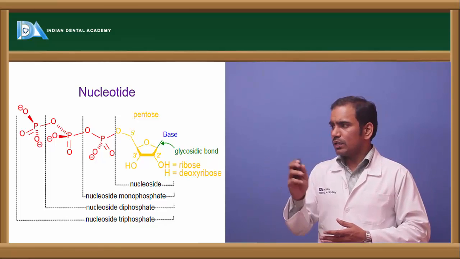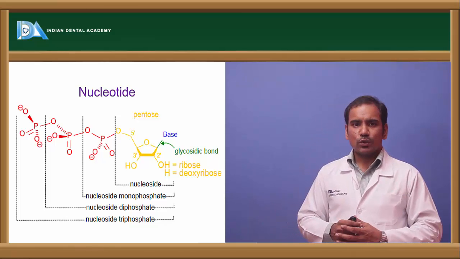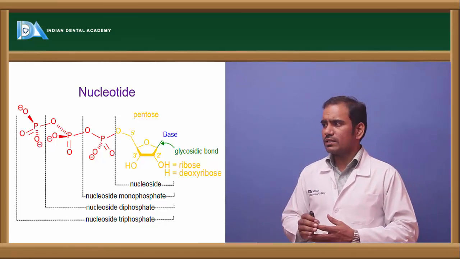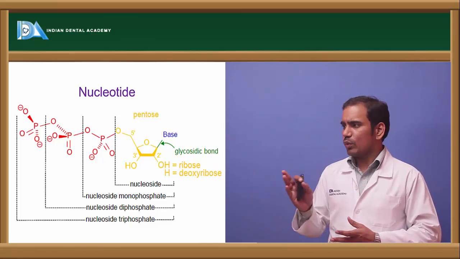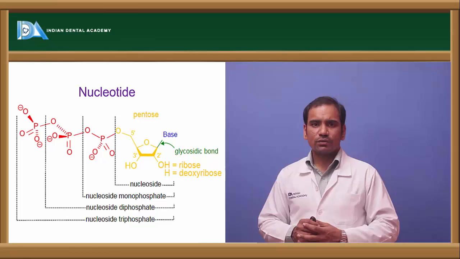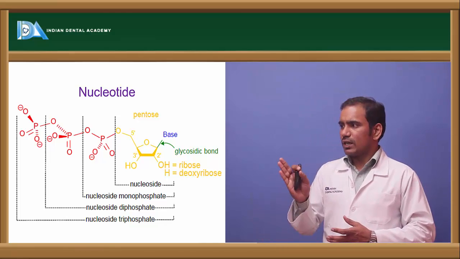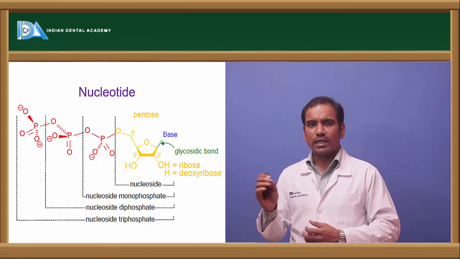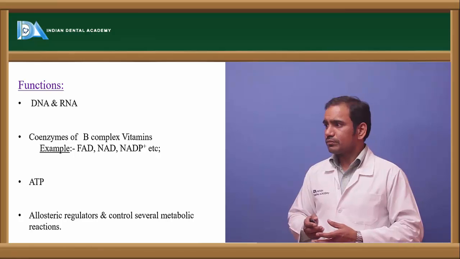In the sugar, at the second carbon, if the group is an OH group, we call it ribose, and if the oxygen is removed from that OH group, it results in the sugar called deoxyribose. Deoxyribose is present in DNA and ribose is present in RNA.